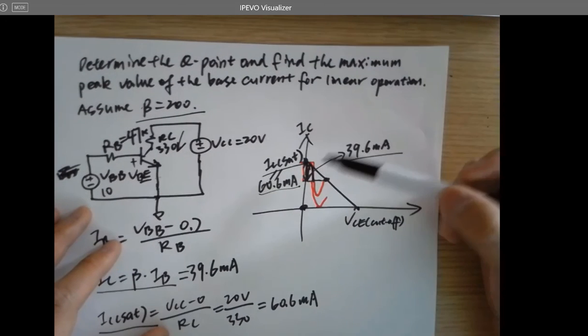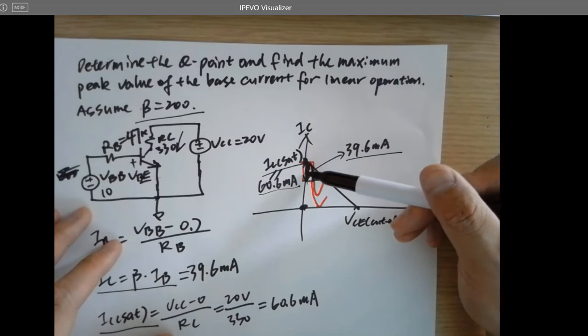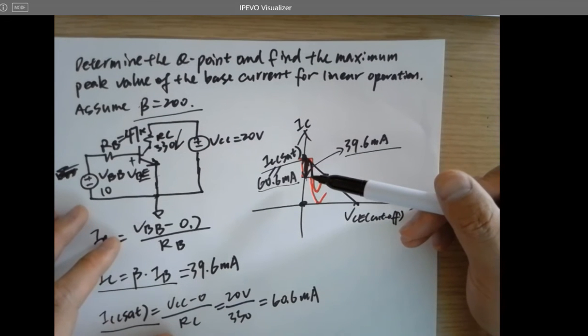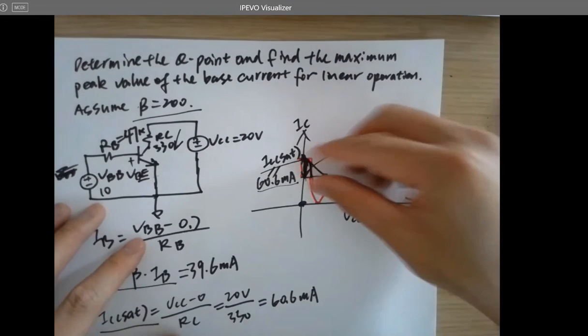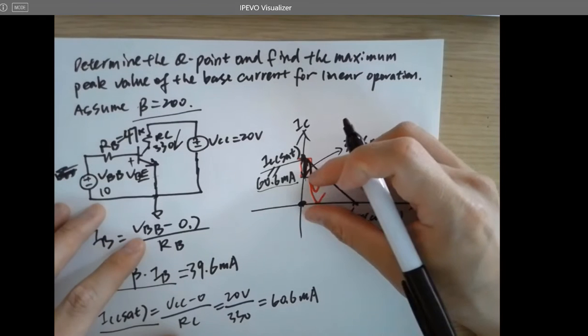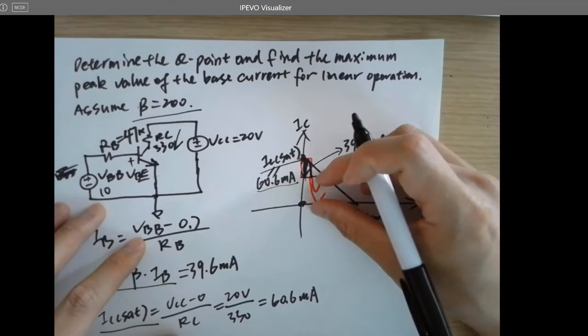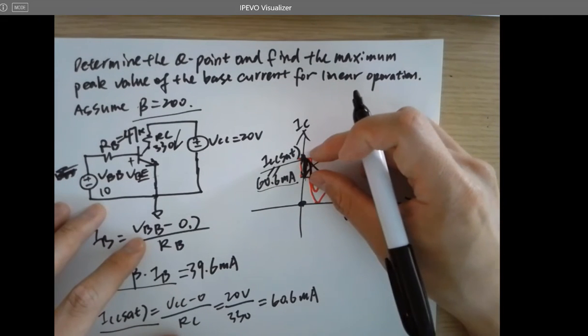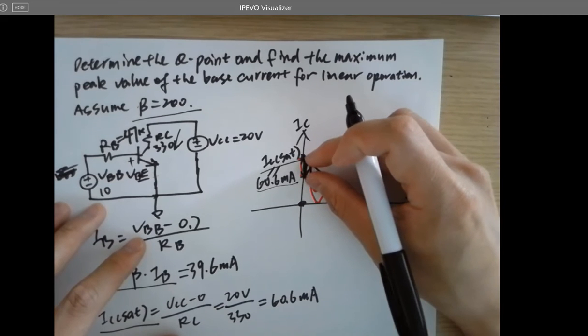So here will be the largest swing for IC. That making sense? So you compare these two regions here and here. Which one is smaller? This is smaller, right? So that will be the maximum swing.